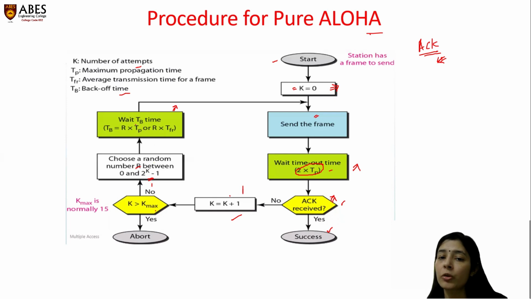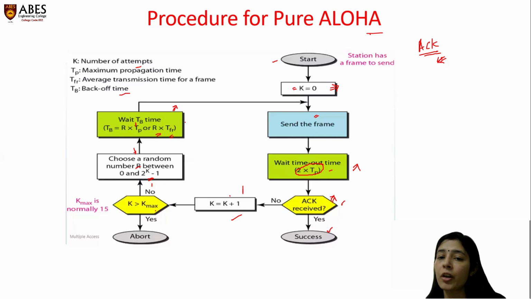Back off time is denoted by TB, and TB is calculated either by the formula R times TP or R times TFR. R is the random number that we have calculated here, and TP is the propagation time. Back off time can also be calculated using the formula R times TFR, where TFR is the frame transmission time.